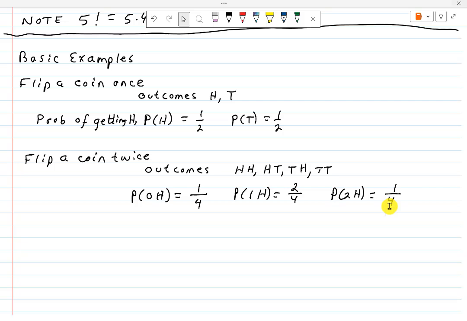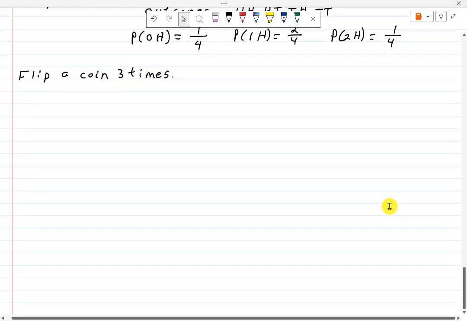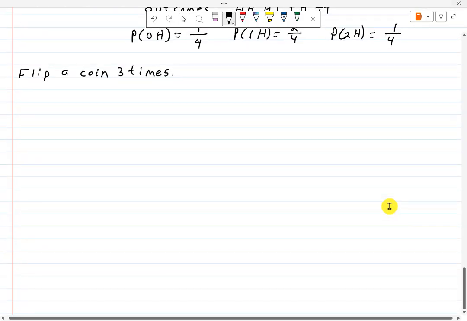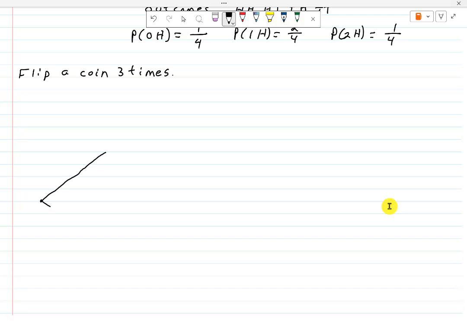Now, let's flip a coin 3 times. To help you remember how the counting goes, I'm going to do it again. So we're going to start over here. And on my first flip, I got either heads or tails. I'll continue then.